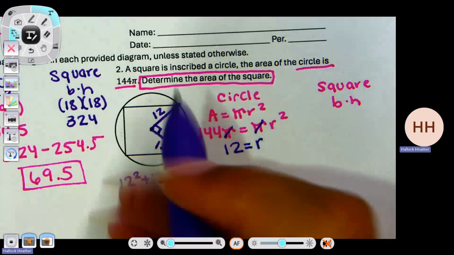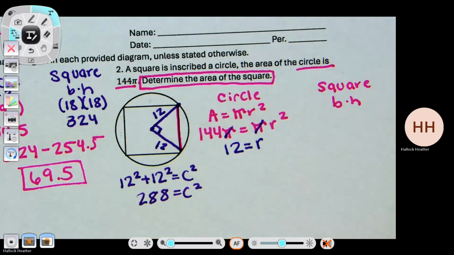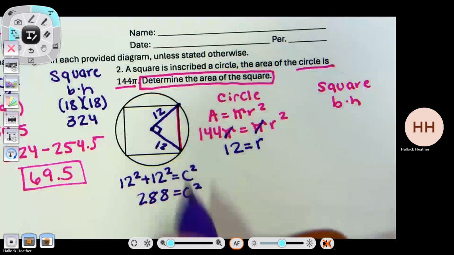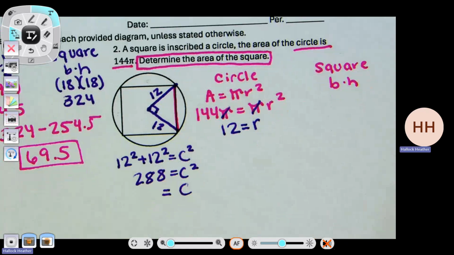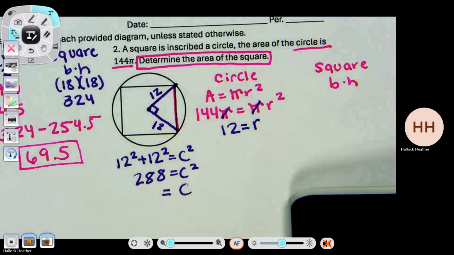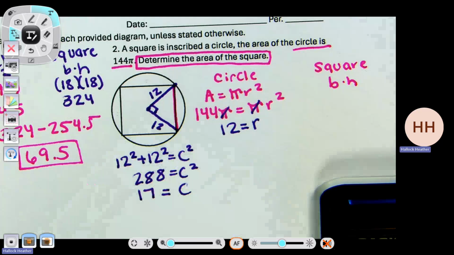So if I square those, add them, I get 288. I have to take the square root. So the side of my triangle is how much? So it's like 16.97. So we'll say 17.